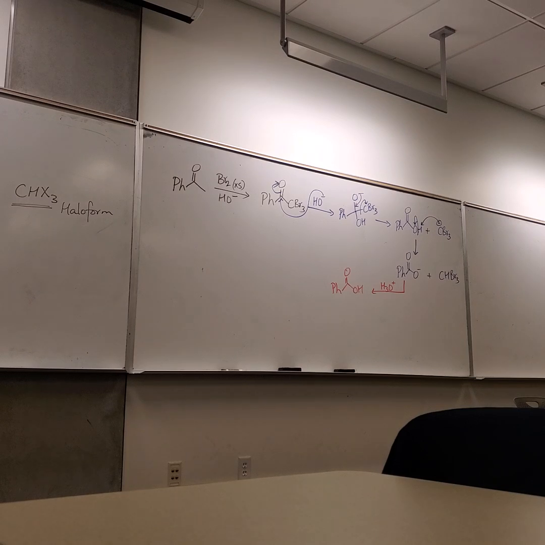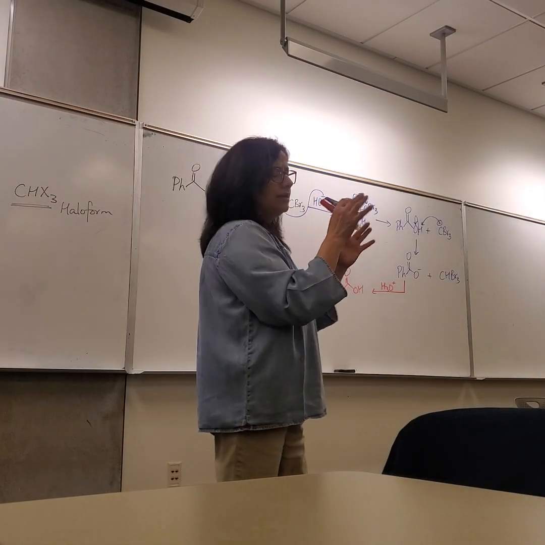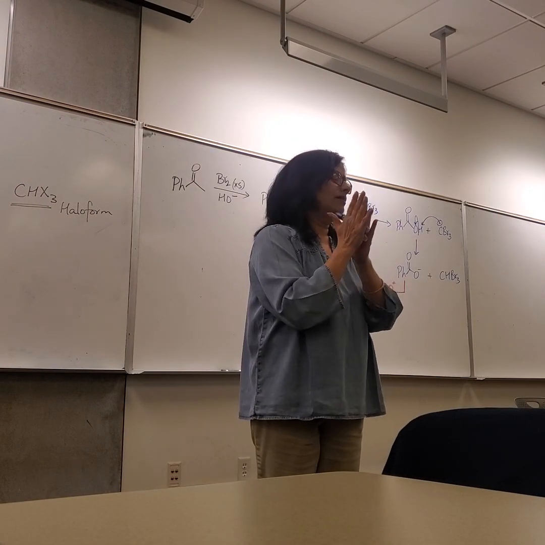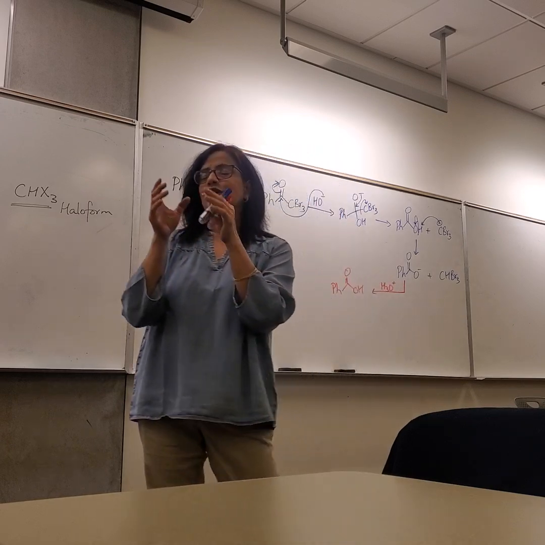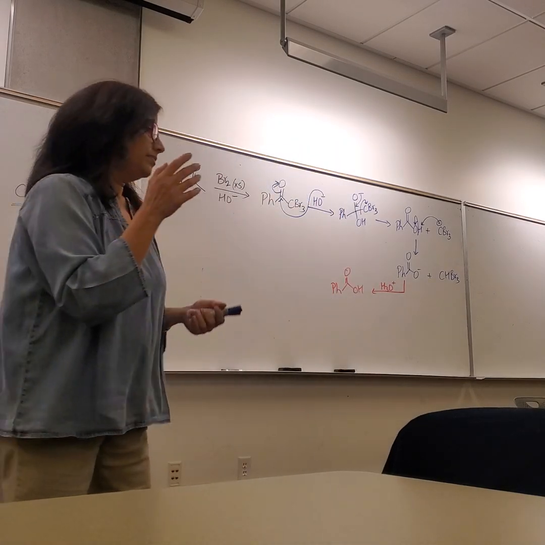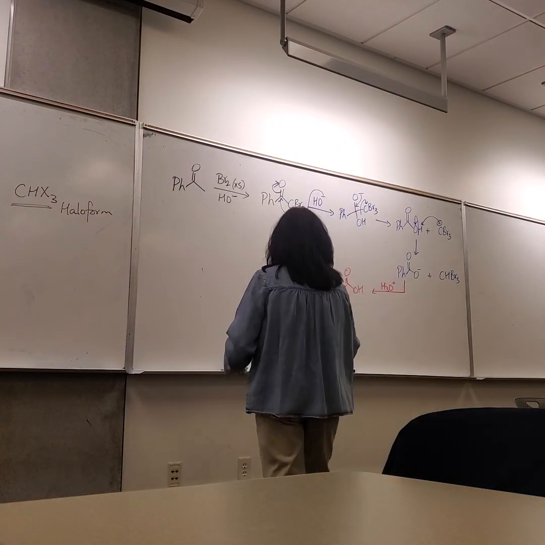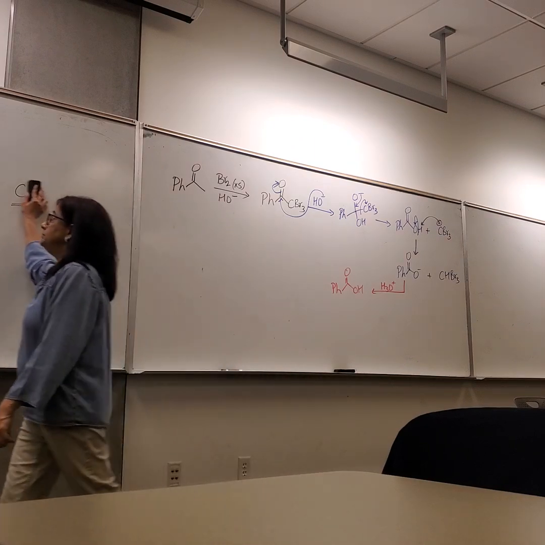First, one step at a time, halogen gets put on the alpha carbon till all the hydrogens are gone, and then hydroxide attacks as a nucleophile, kicks out the leaving group, and then the carboxylate ion gets protonated. Make sense, everybody?